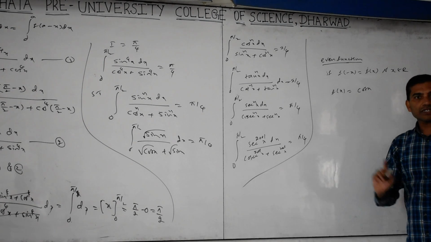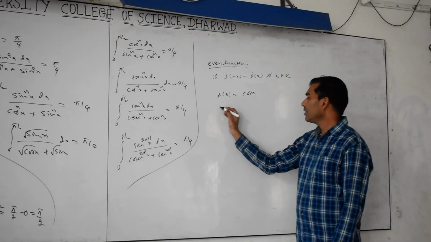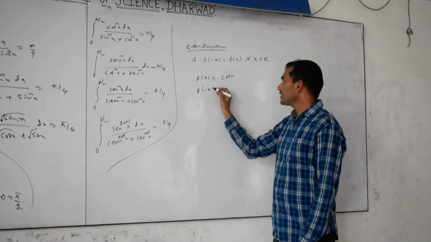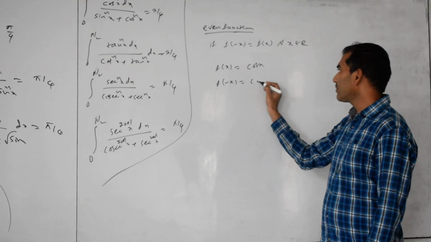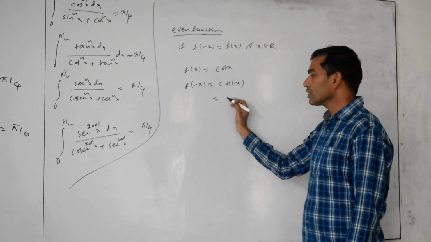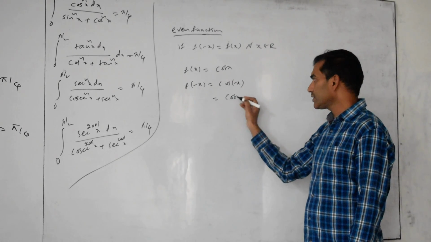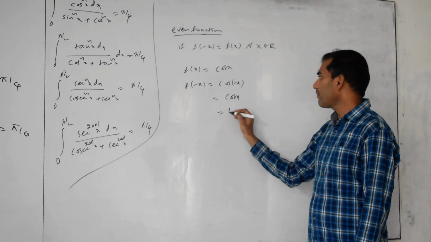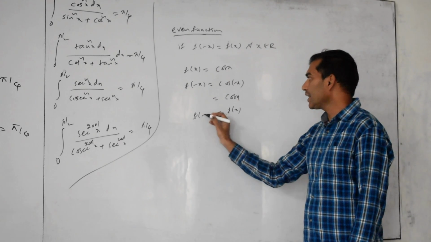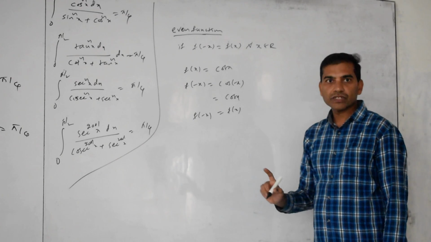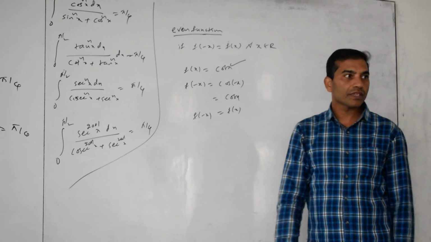Is it an even function or not? Let us verify. Replace x by minus x. f of minus x equals cos of minus x, which equals cos x, which is equal to f of x. So f of minus x equals f of x. Therefore cos x is an even function.